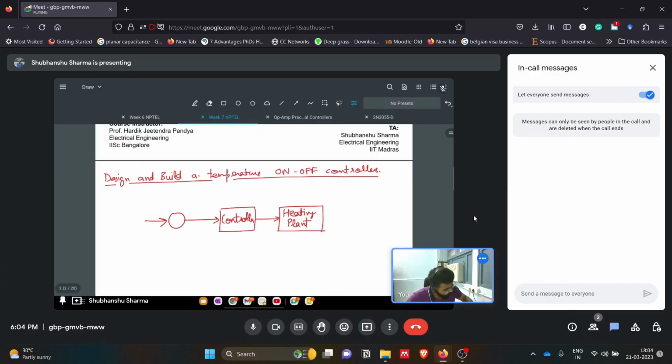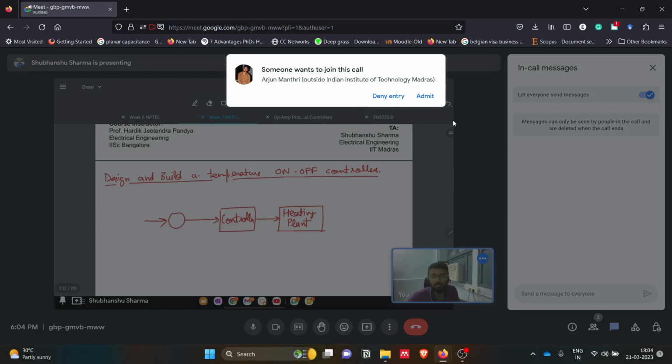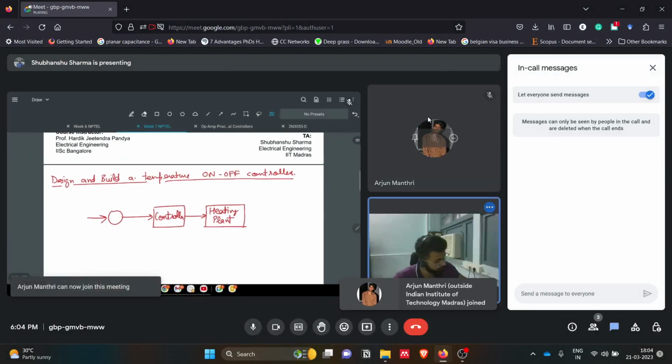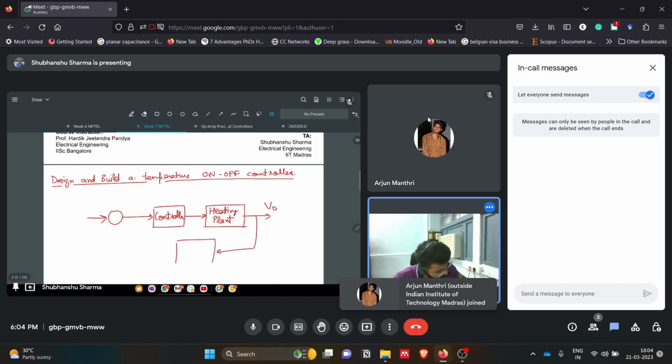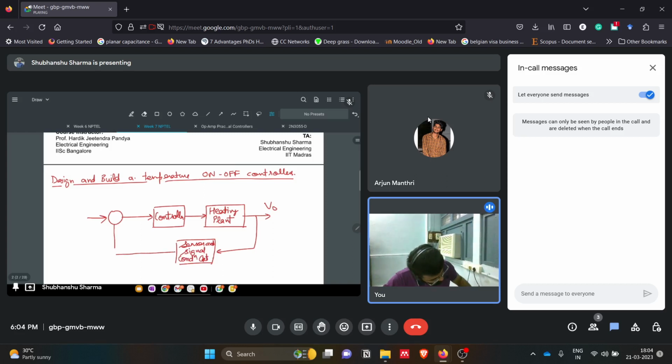This is the output, and then we are feeding it back to our sensor and signal conditioning circuit. Then this signal is fed back to this controller. So this is our system.